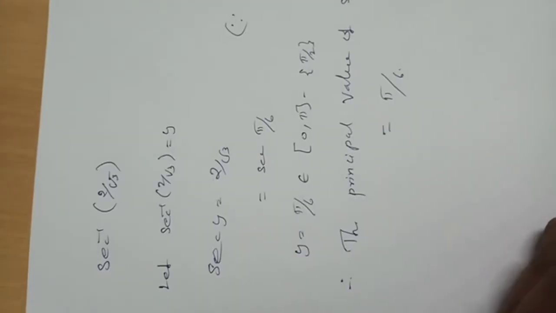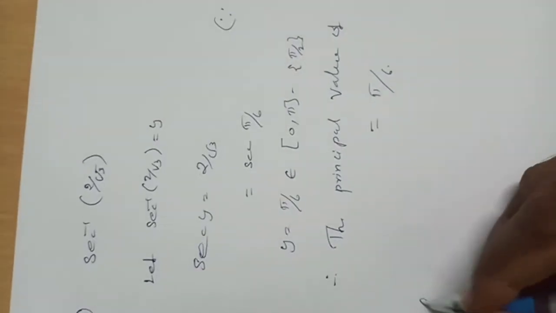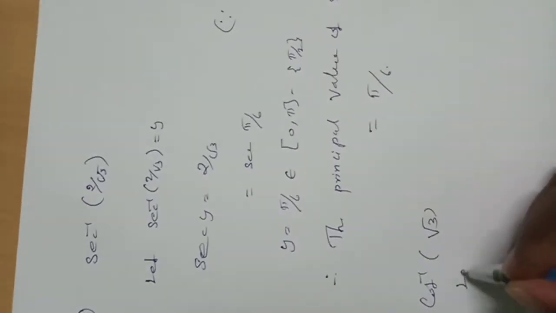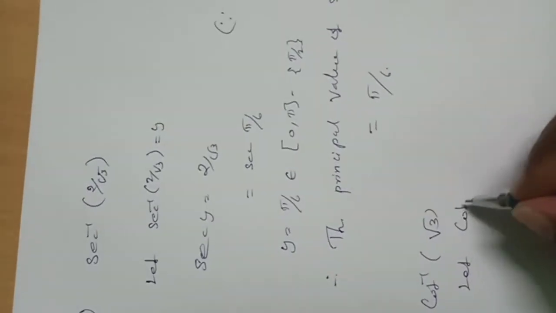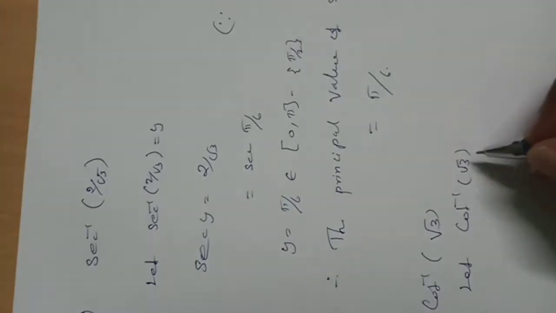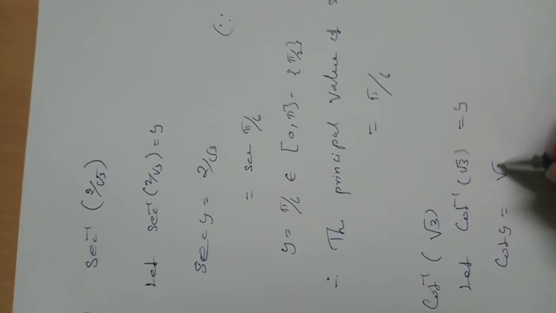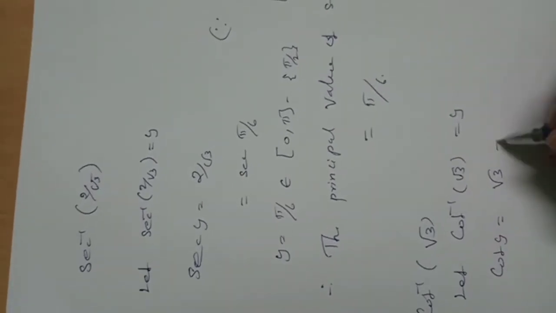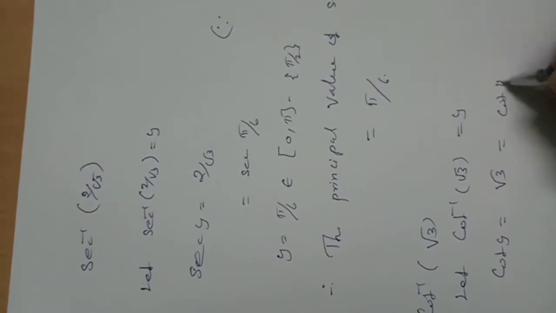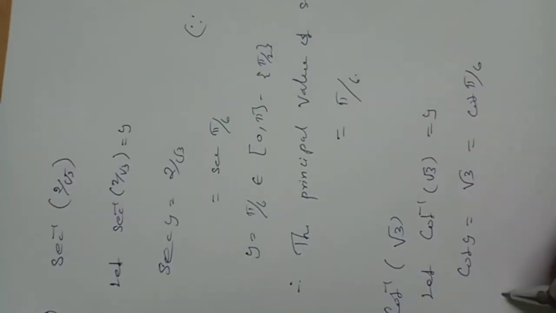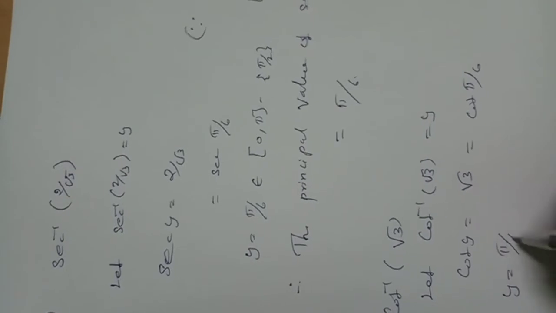Next problem, sum number 8. Cot inverse of root 3. Let cot inverse of root 3 equal to y. So cot y is equal to root 3. This is equal to cot pi by 6 because cot pi by 6 is equal to root 3. Now y is equal to pi by 6.